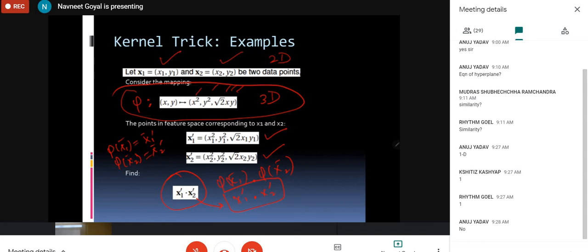Try to find the dot product of x1 dash and x2 dash. Do it on a piece of paper. Apply the dot product between these two vectors. I'll also do it here along with you.